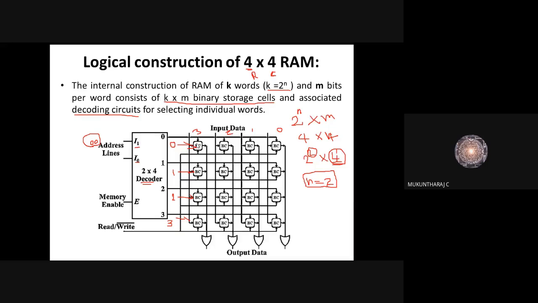Then what can we do? After selecting the address line, we have to enable the binary cells. How to enable the binary cell? By applying the read and write operation.